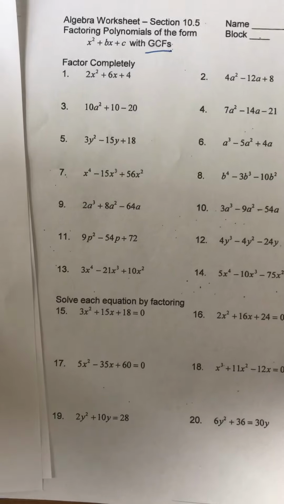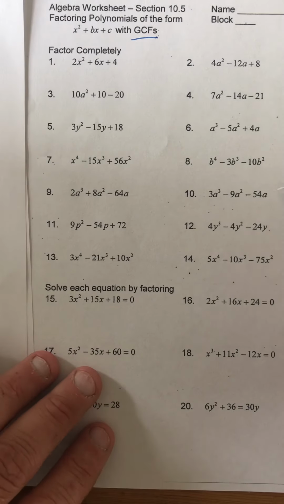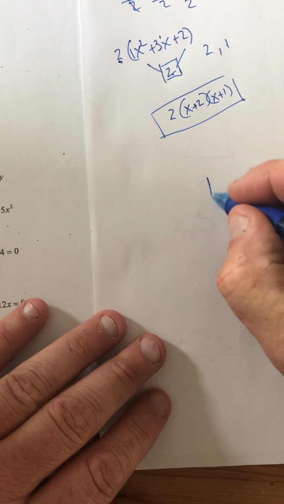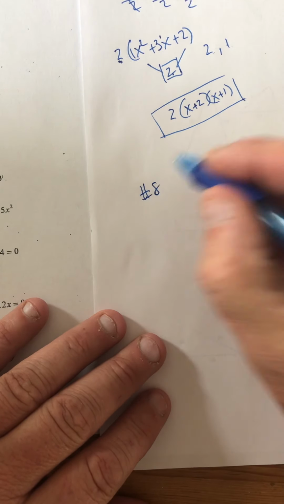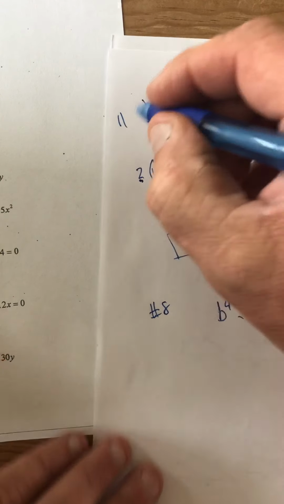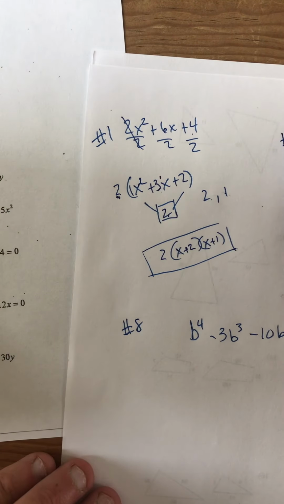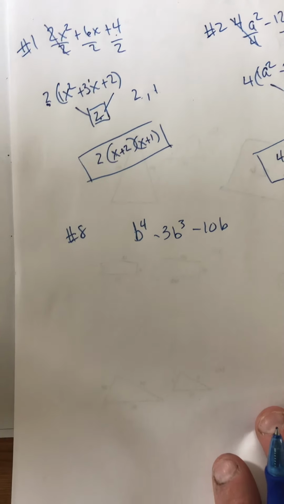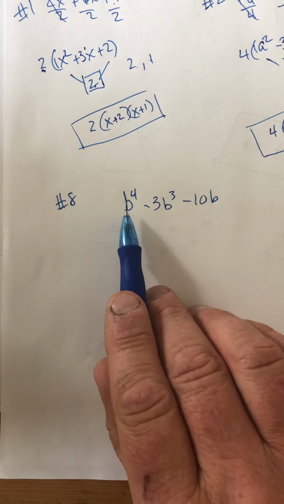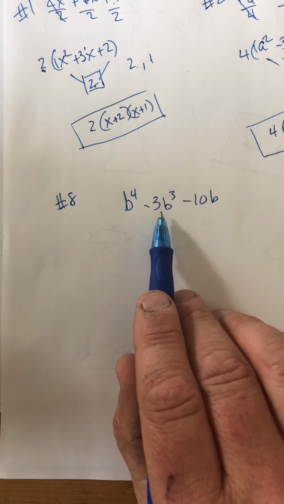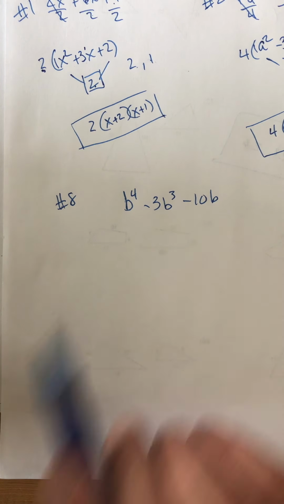So let's look at one more example. Let's look at number 8, which is b to the 4th minus 3b to the 3rd minus 10b. Now, there's no coefficient in front of the b to the 4th, but I have a negative 3b to the 3rd and negative 10b.